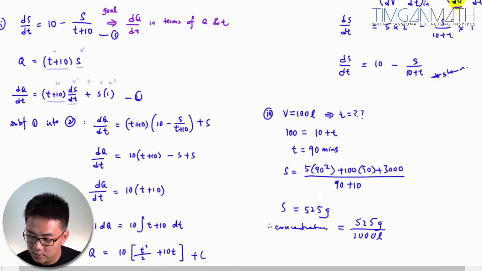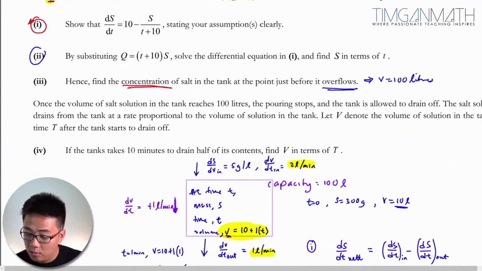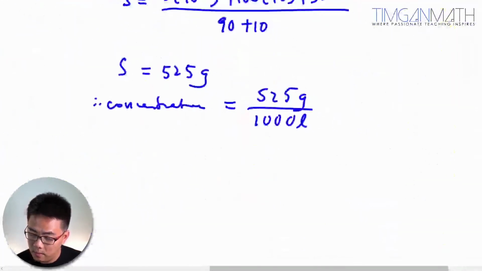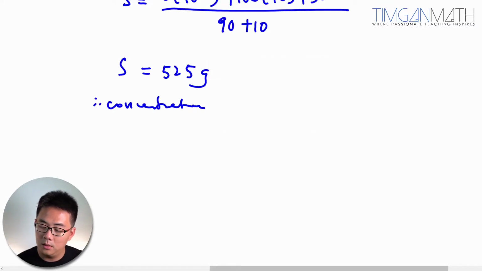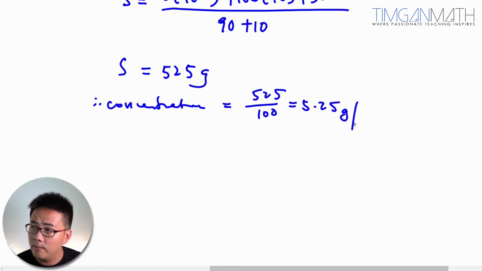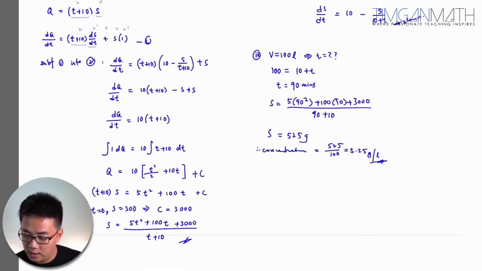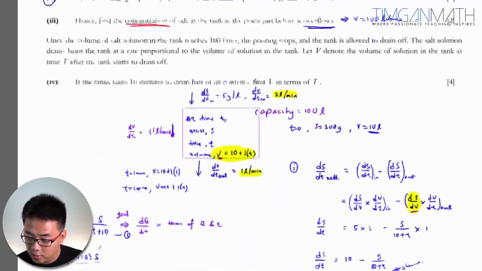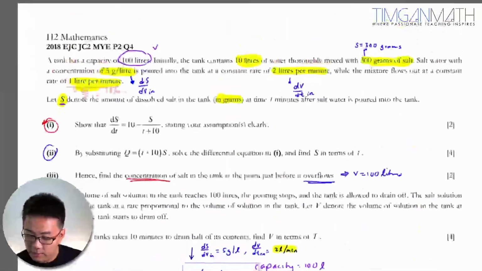I believe it's 1000 liters, right? 100 liters. This is 525 over 100 liters. So this would be 5.25 grams per liter. That's the concentration they're looking at. All right, grams per liter. That's about it.